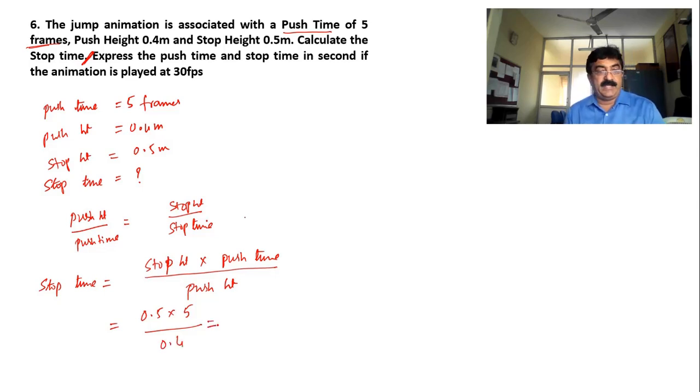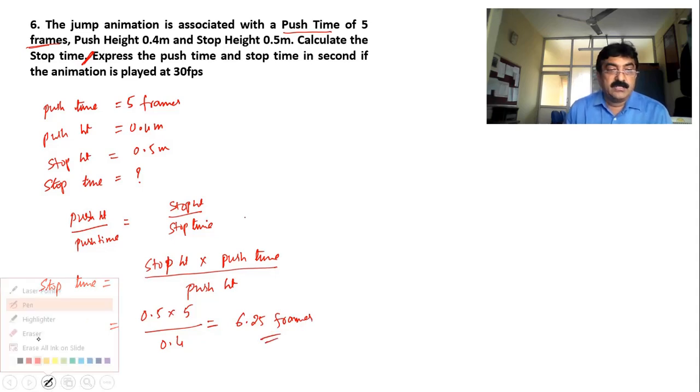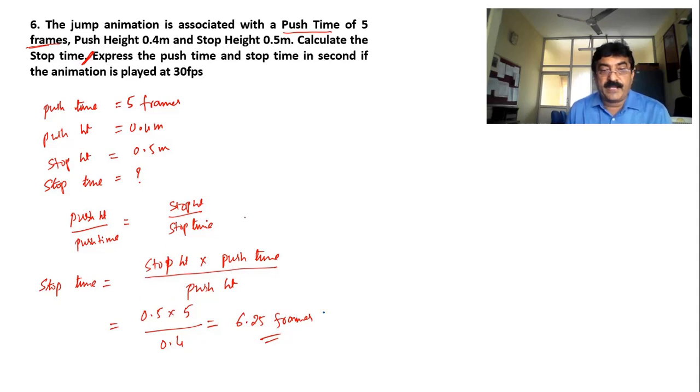Simplify, this comes out to be 2.5 divided by 0.4, 6.25 frames. Okay, this is one part. So I have stop time in terms of frames, and push time also in terms of frames.